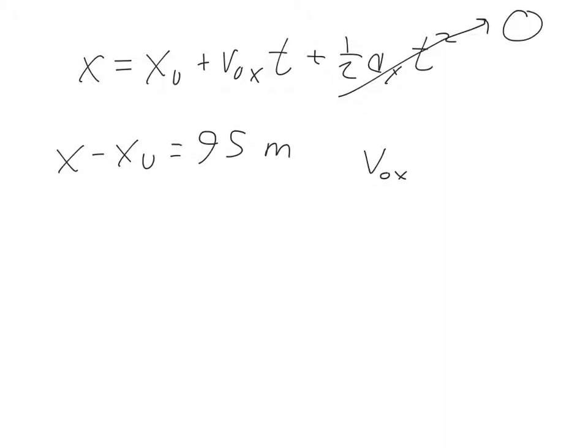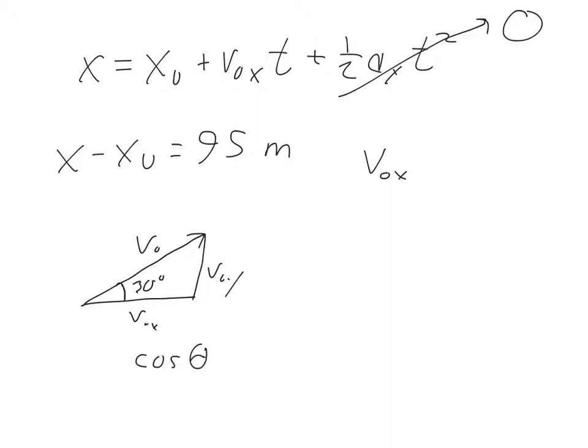Well, if we were to draw out our velocity vector here, this is v naught, this will be v naught x, this is v naught y, and we are given this angle here, the one relative to the horizontal, as 30 degrees. So if I want to get v naught x, I could use the trig function cosine of theta, which will be equal to adjacent, in this case v naught x, divided by hypotenuse v naught.